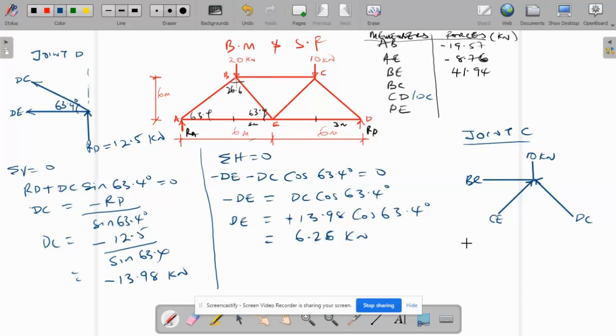So here we have summation of vertical forces is equal to 0. We already know what DC is. We got DC earlier.